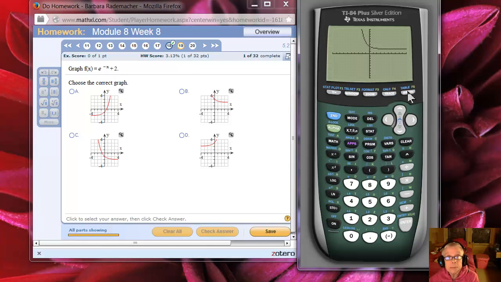This was an exponential function. We really need to look at what e to the x looks like. So let's go back to y equals and hit clear and say second ln, and I'm just going to put an x up there so that I'm graphing y equals e to the x.